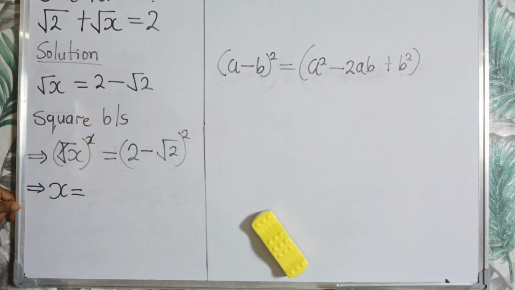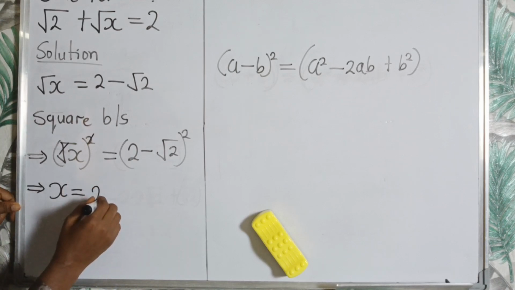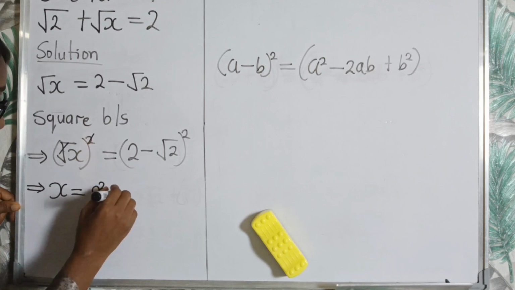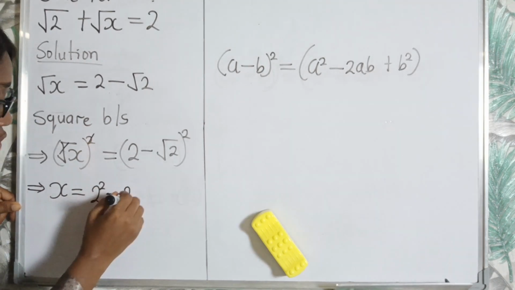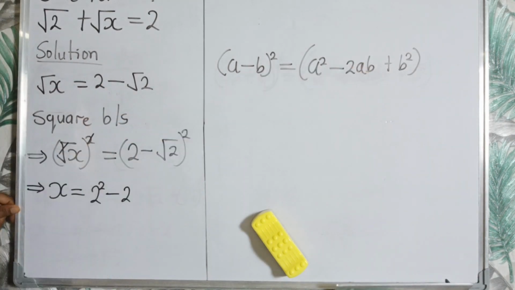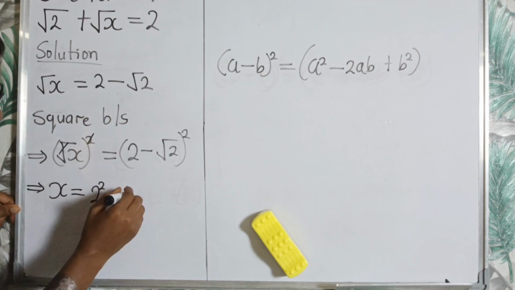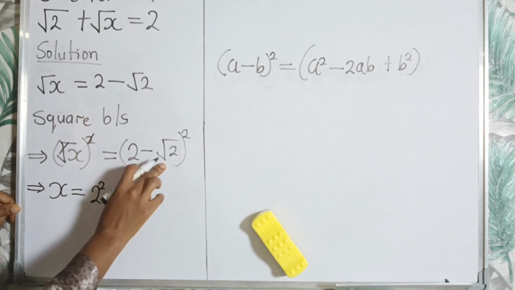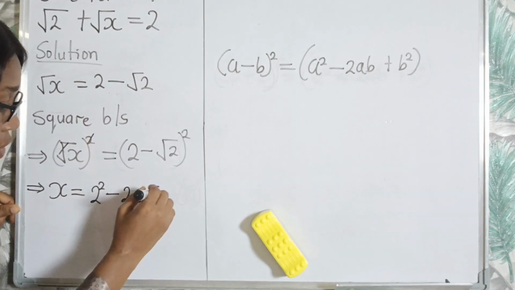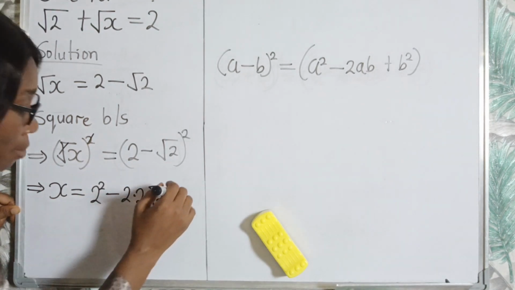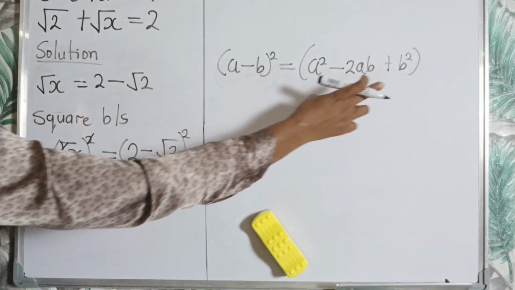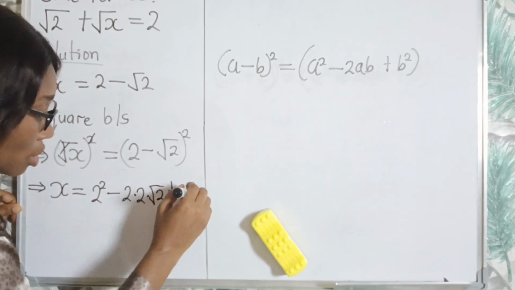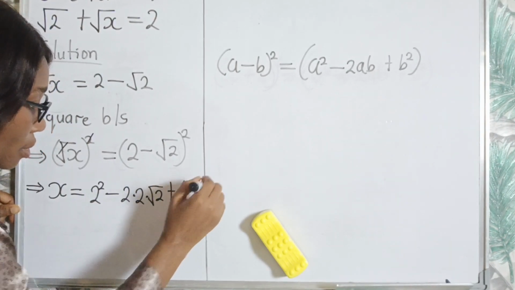Let's apply it here. This is equal to 2 squared minus 2ab, which will be 2 times 2 times the square root of 2, plus our b squared, which is the square root of 2, then we square it.